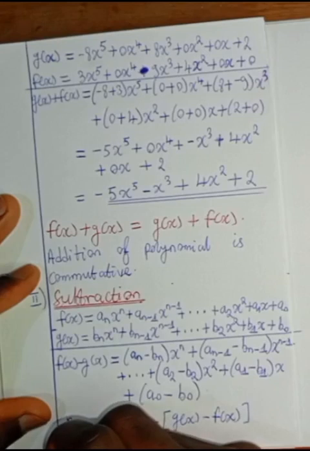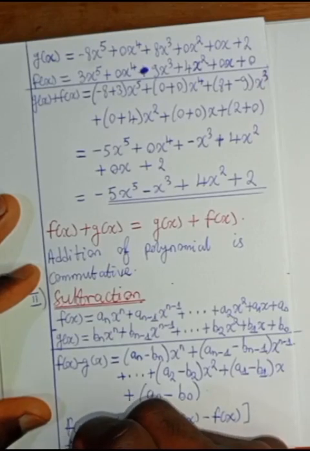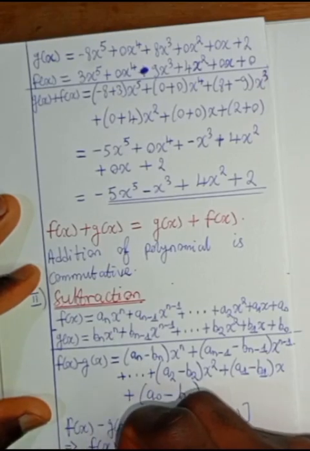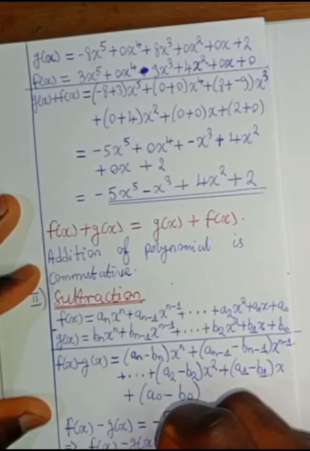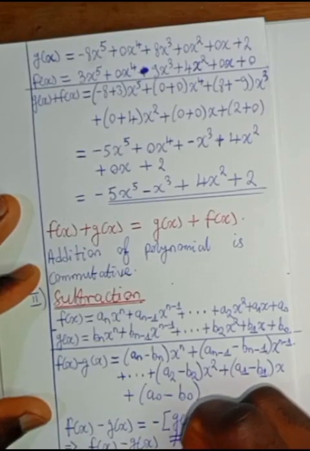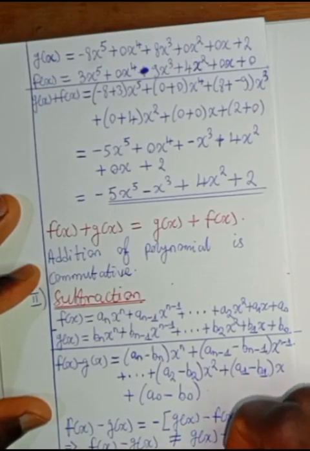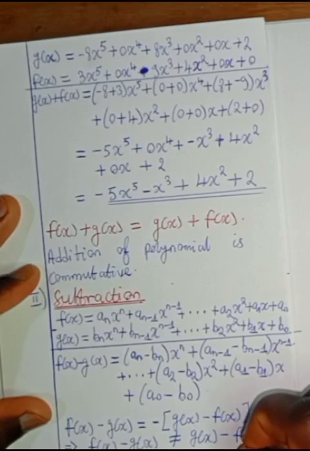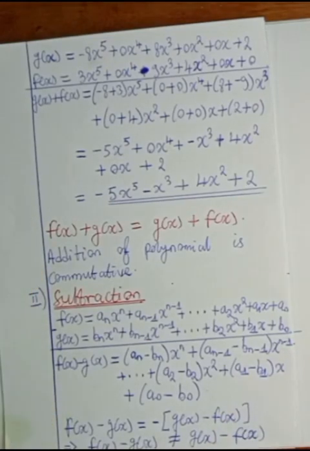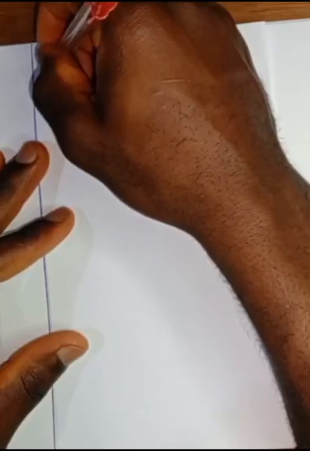So it therefore means that f of x minus g of x is not equal to g of x minus f of x. That means subtraction of polynomials is not commutative. Let's look at an example.